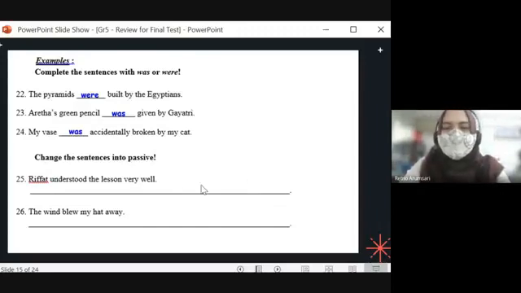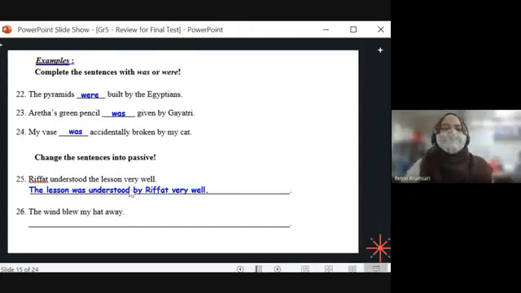Yeah, well done, Audrey. The object of the sentence is the lesson. We put the lesson at the beginning of the sentence here and then followed by was or were because there was only one lesson. You choose was. The verb three of understand is also understood.